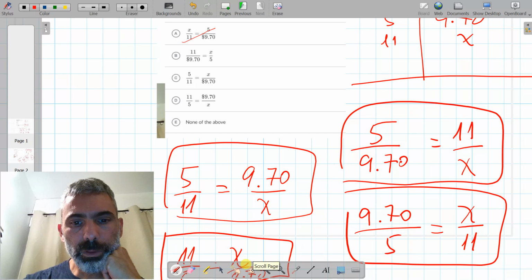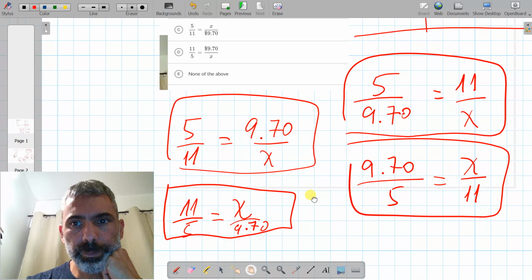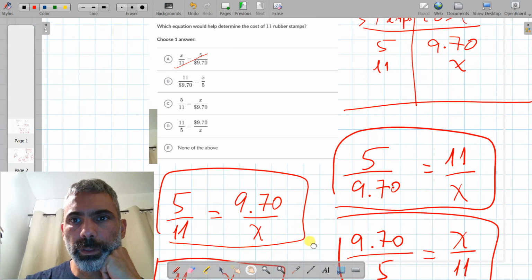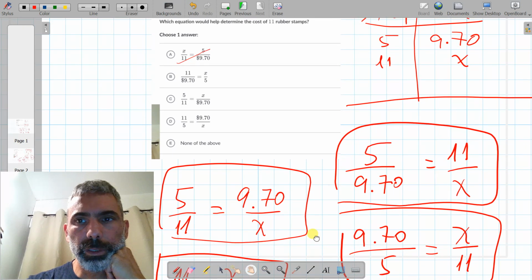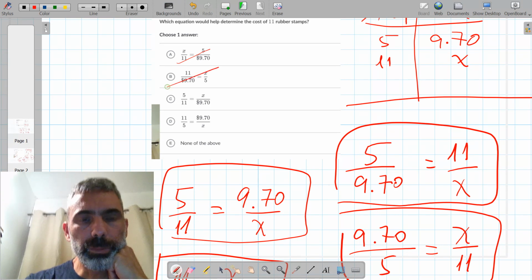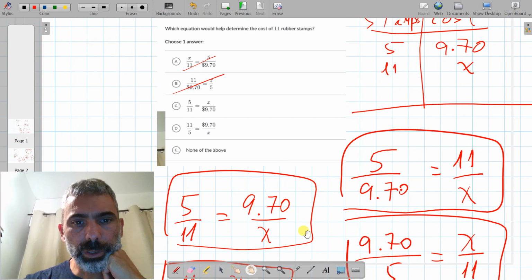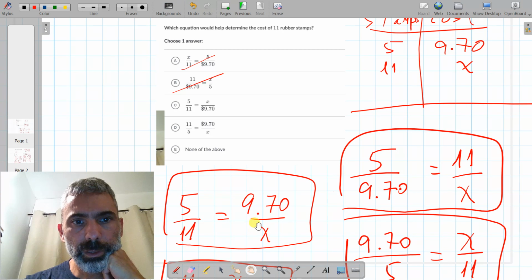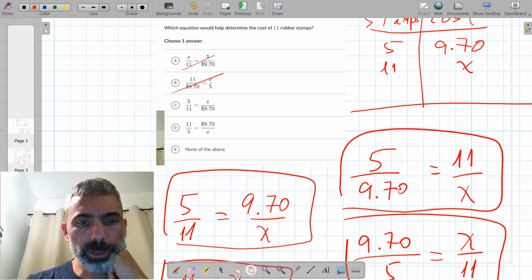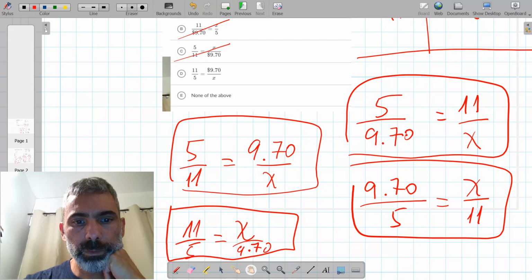Here I have 11 over 970, which is incorrect, because they crossed it and it's not possible to represent a relationship this way. 5 over 11, okay, but I got the other part of the equation mixed up, so C is incorrect. 11 over 5 equals x over 970, and again I got it the other way around, so none of the above.